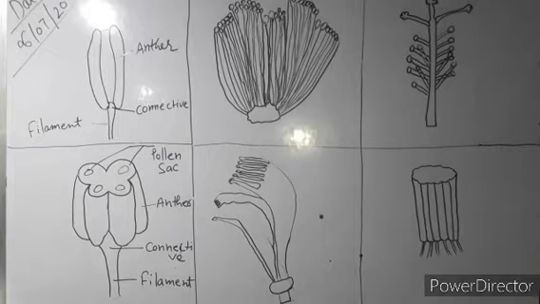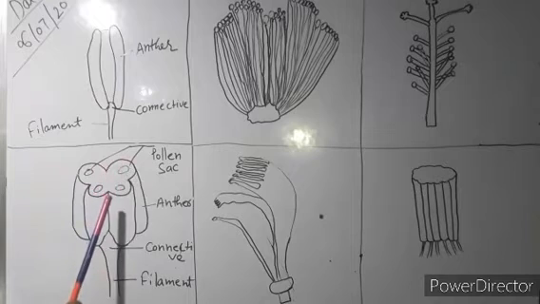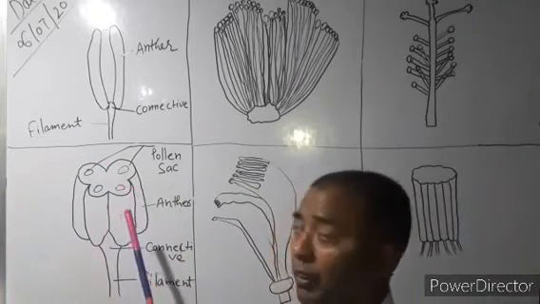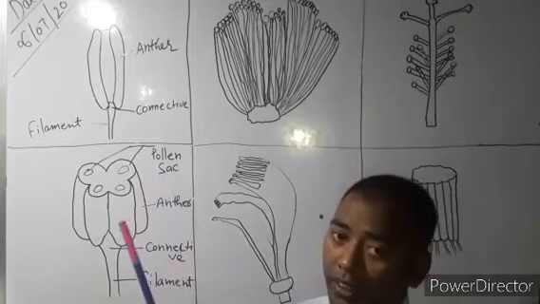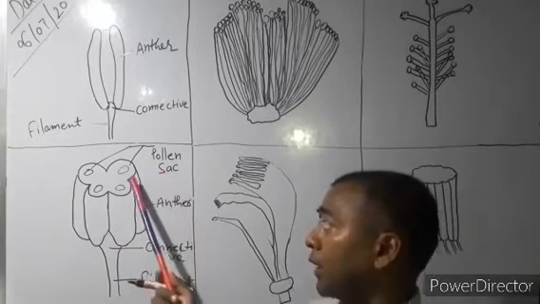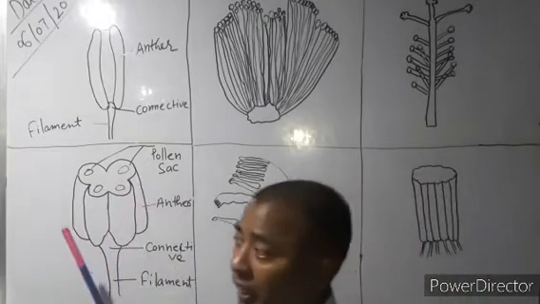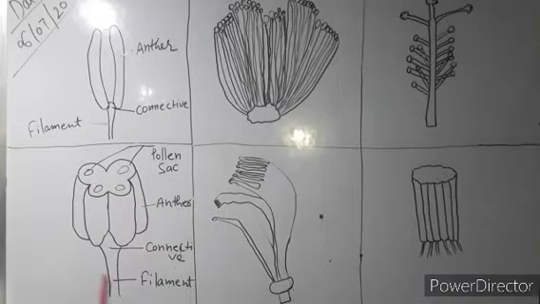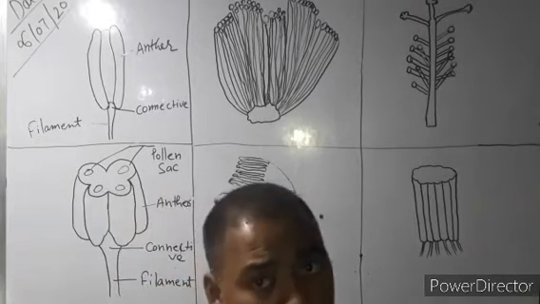In the bilobed anther there are four pollen sacs, and in the pollen sacs many granular, powdery structures are found. These are known as pollen grains, which are the male reproductive cells of the flower.